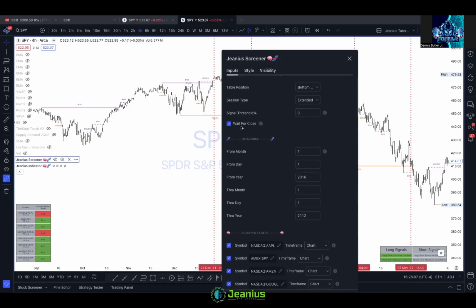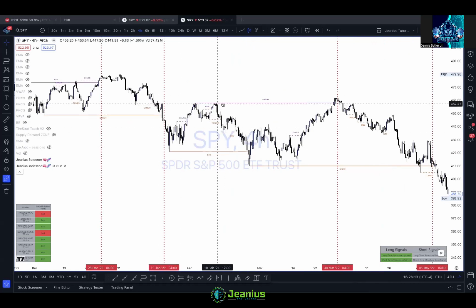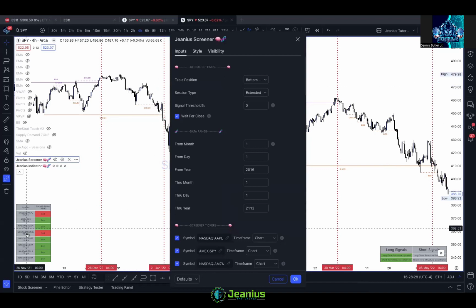The next thing is wait for close. This is the most important one, I think, because when it comes to getting these signals, I honestly don't like to use wait for close. Let's say a certain day begins and a sell signal starts to happen somewhere up in these areas, depending on if I have my liquidity sweep on. When that sell signal comes on, it doesn't wait until that candle closes. It immediately gives those sell signals here as well as here, because I have wait for close off.